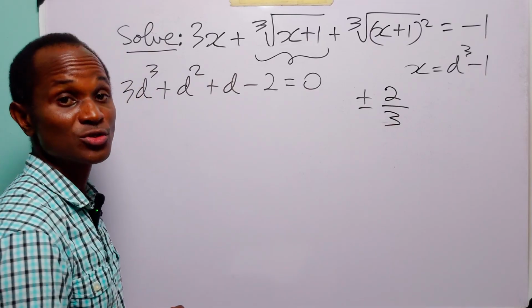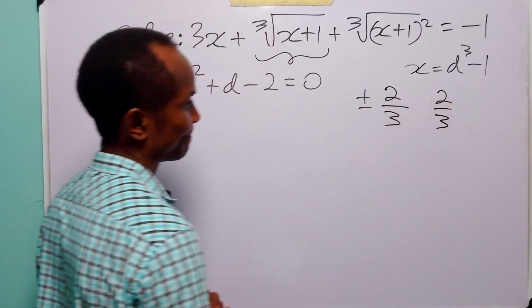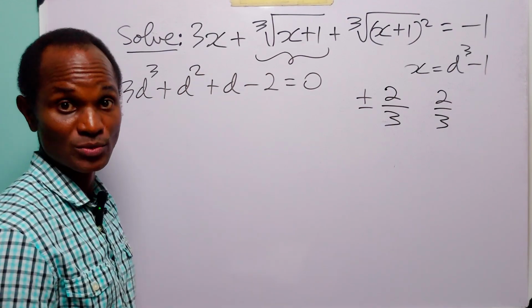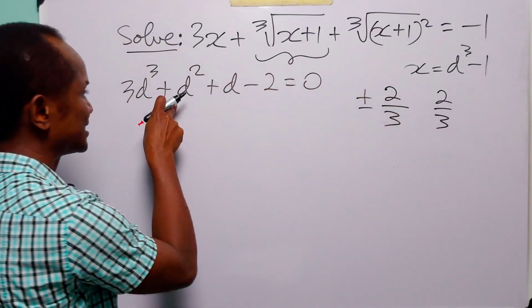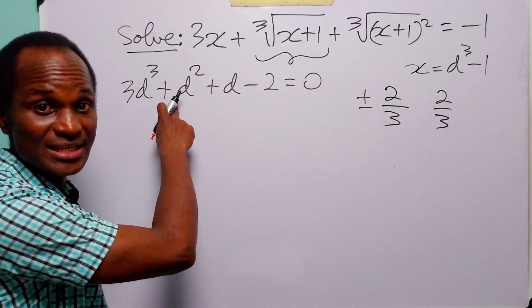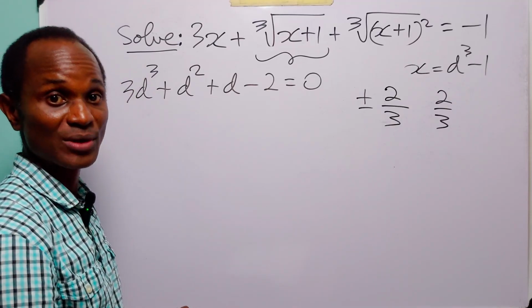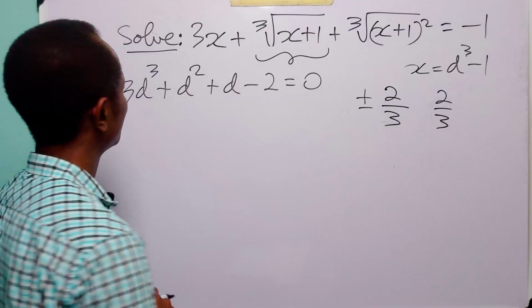So now what we are going to do is that we are going to test 2 over 3 to see if it is a root of this equation. How do we do that? We simply substitute 2 over 3 for d into the left hand side of this equation and see if we get 0. If we get 0, then 2 over 3 is a root of this cubic equation.